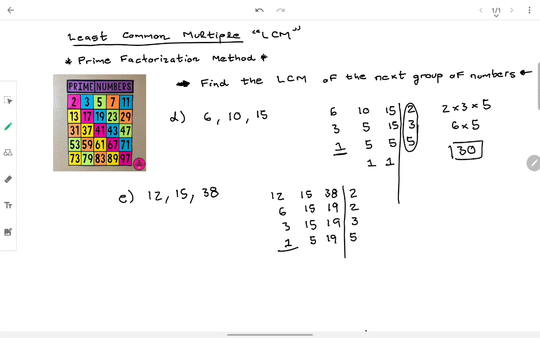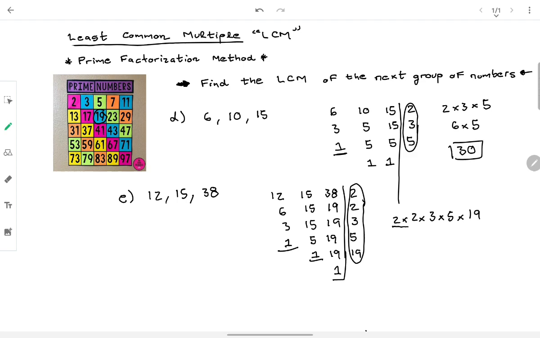We will use 5. I have finished this part, but I need to divide 19. If we saw here, 19 is also a prime number, so I need to use 19 to divide and to obtain a 1. To obtain the least common multiple, we need to multiply all of this, so it's 2 times 2 multiplied by 3 multiplied by 5 multiplied by 19.